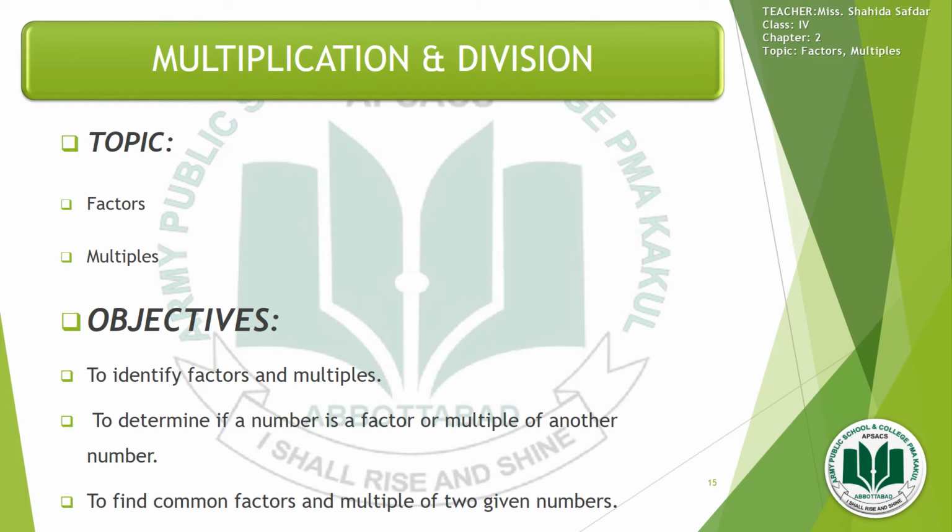These topics are from chapter number 2, which is multiplication and division. The objectives of these topics are to identify factors and multiples, to determine if a number is a factor or multiple of another number, and to find common factors and multiples of two given numbers.